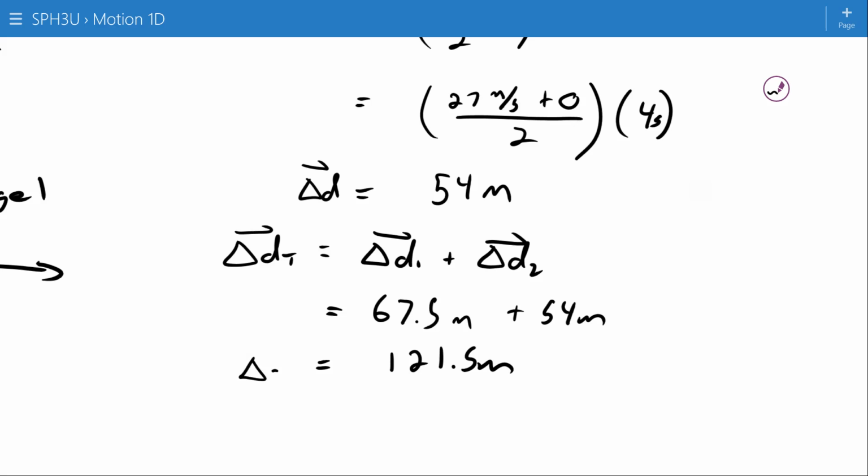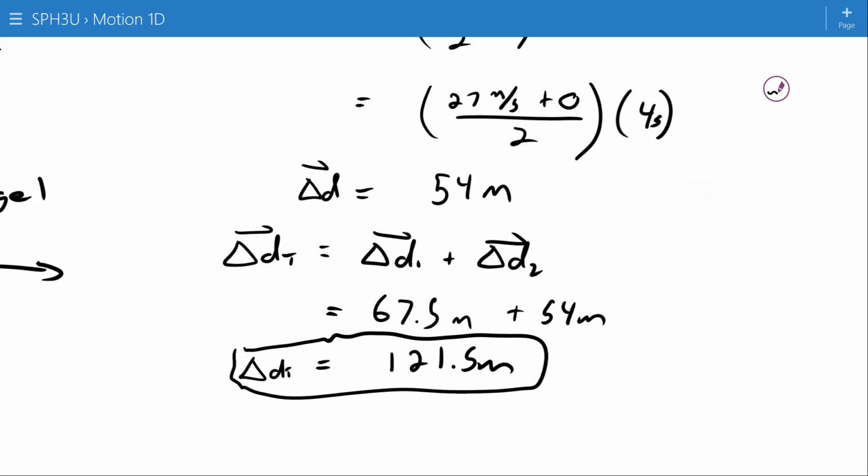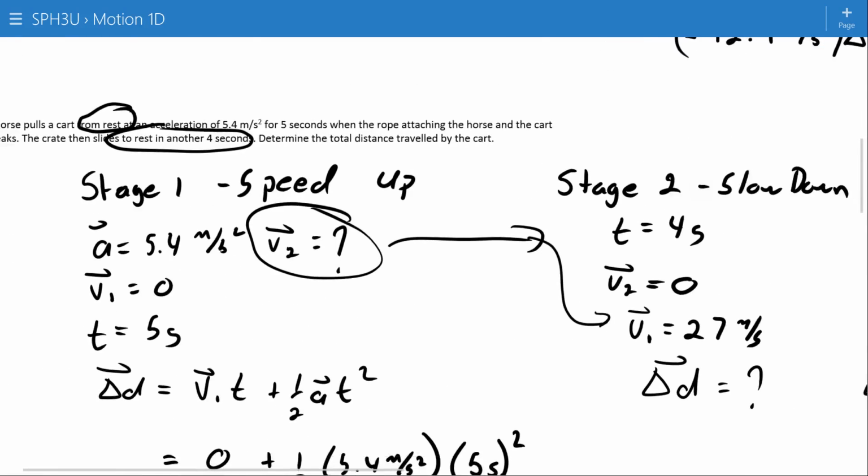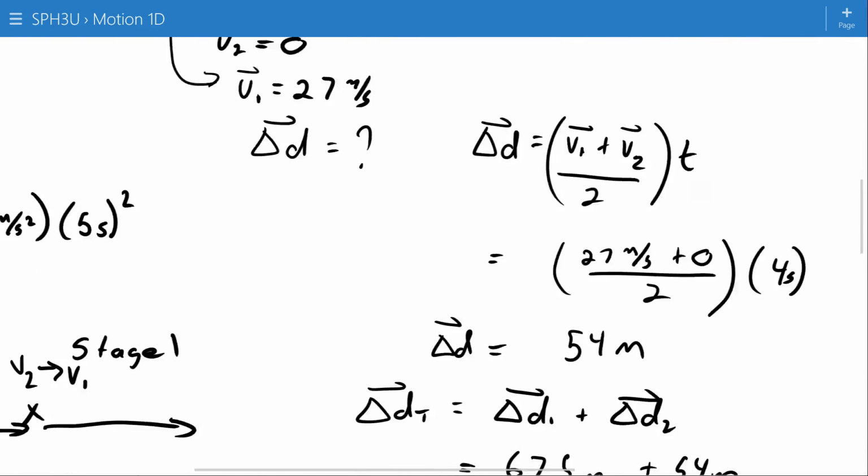And that is my total displacement for the object through the whole motion. Determine the total displacement traveled by the cart. Yep, so that's the answer right there.